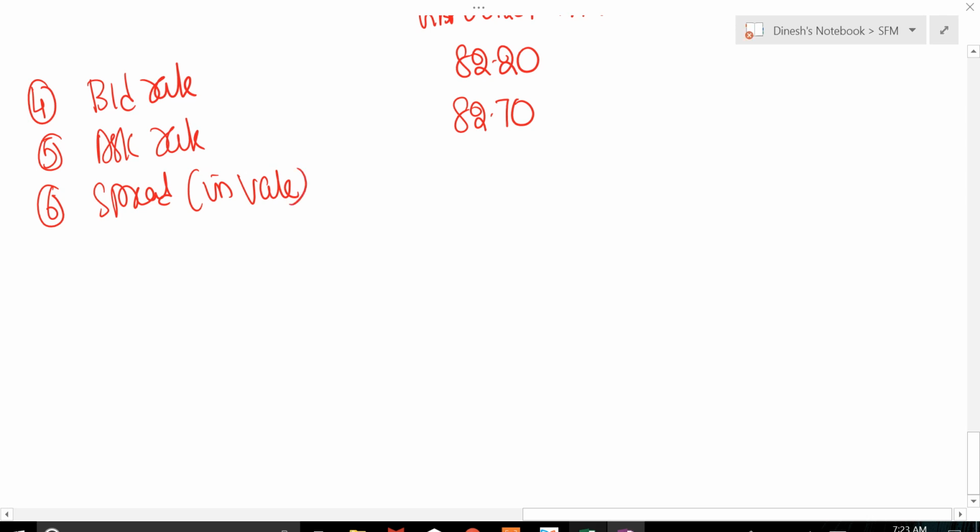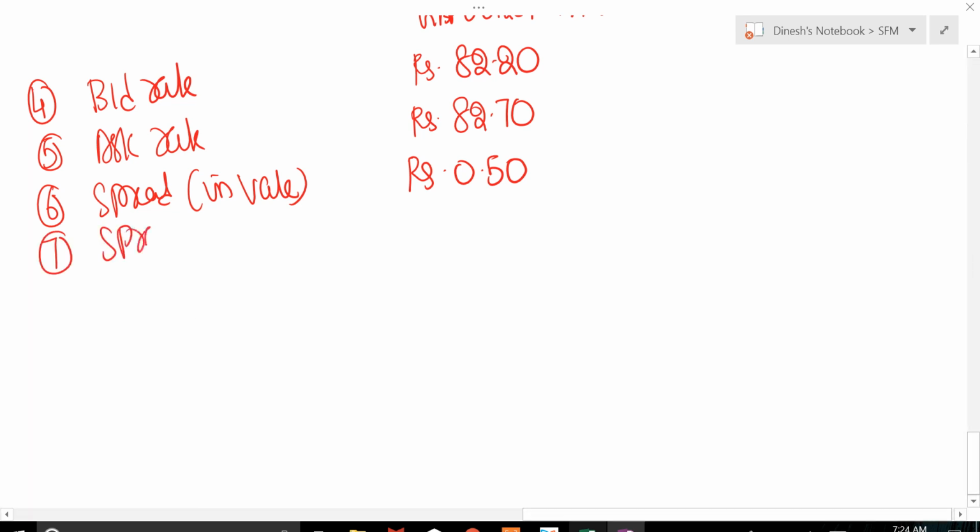One more thing, sorry, I forgot. You will have to keep writing the currencies here, very critical. Rupees 82.20, rupees 82.70. Spread in value is rupees 0.50.